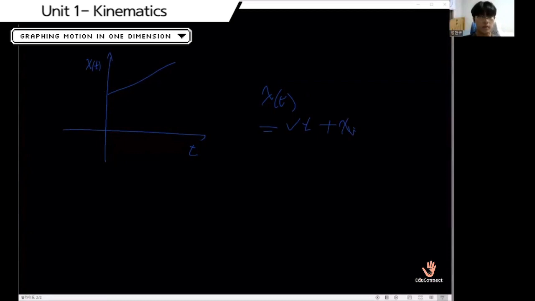Note that this is of the form y equals mx plus b. That means the y-intercept of the line corresponds to our initial position on the position time graph. You might also notice that the slope of this line is v.